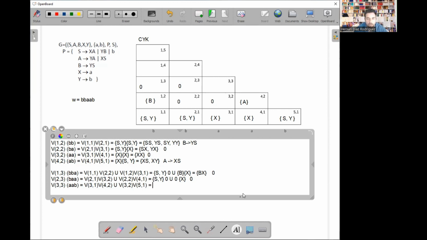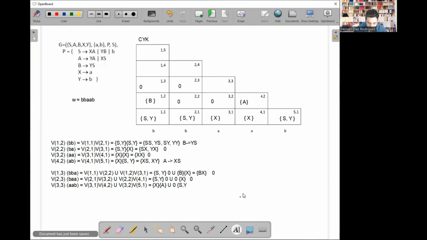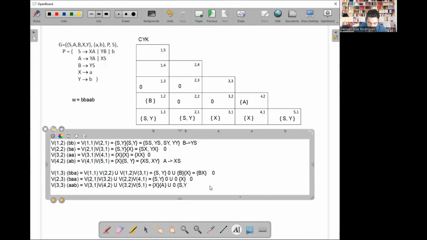So if we look into the combinations, we have 3, 1, which is X. We have 4, 2, which is A. Or we have 3, 2, which is a 0. And we have 5, 1, which is SY. And the only combination that we have here is XA.